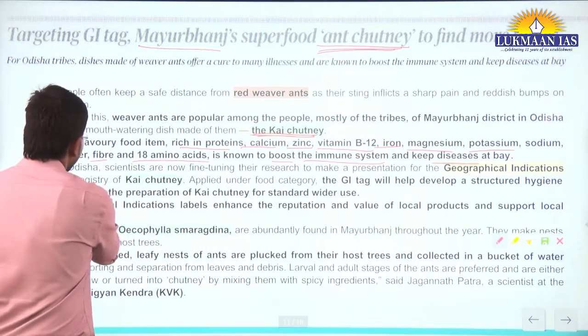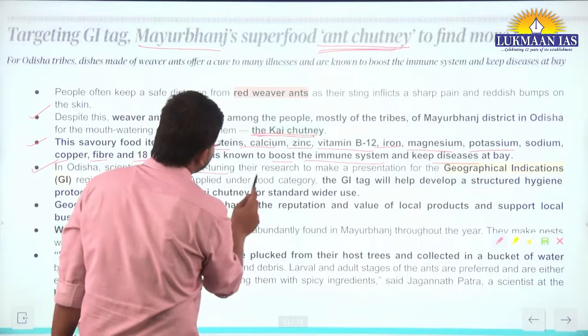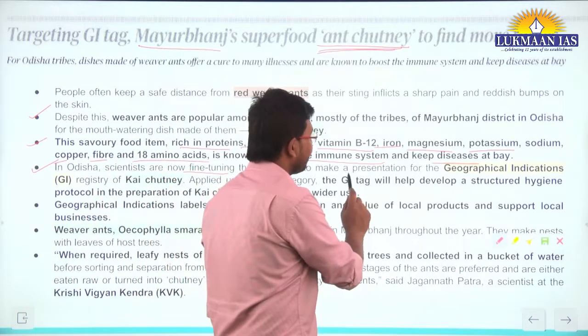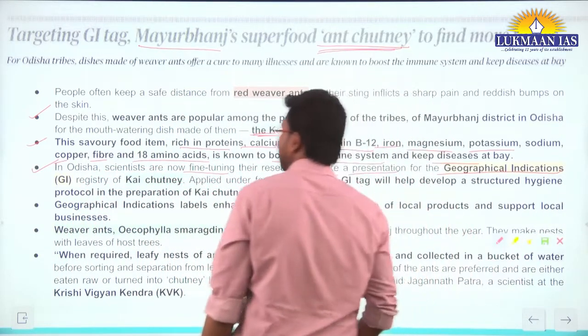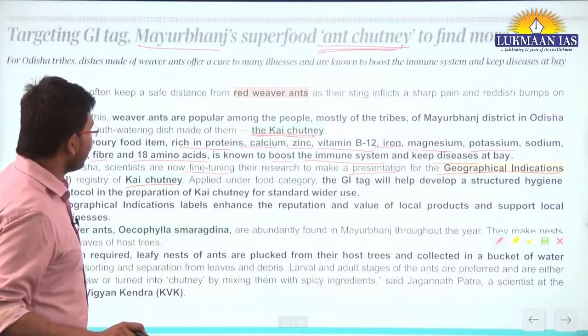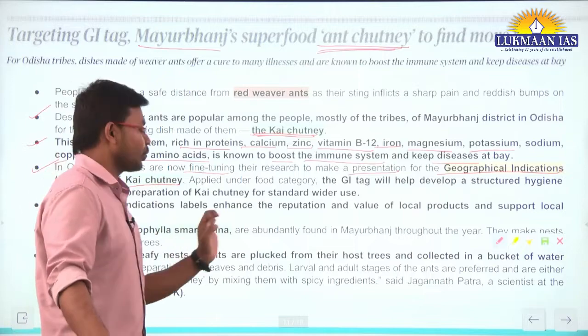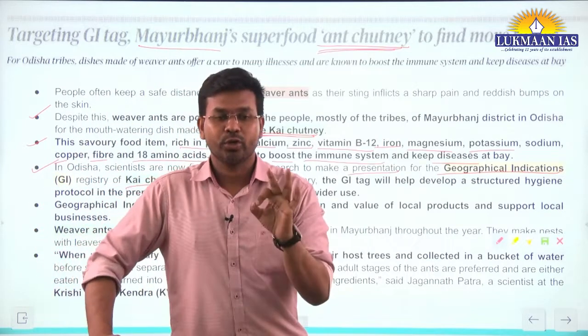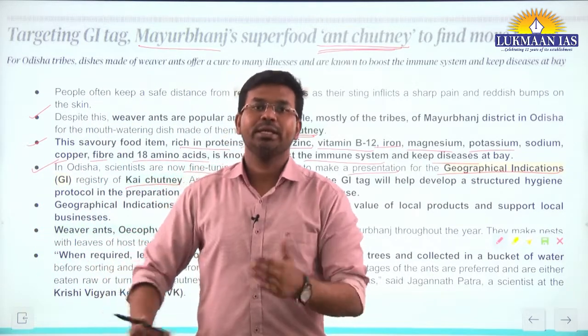In Odisha, scientists are now fine tuning their research to make a presentation for the geographical indication registry for the kai chutney. So these people are in the process of applying for the geographical indication tag for the kai chutney.